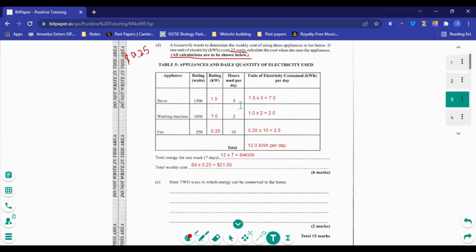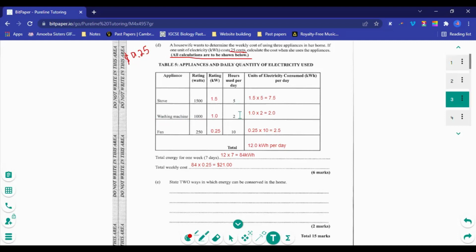We can also say that she can use a gas stove, or a stove that uses gas instead of electricity as well. We can give that suggestion. Or we can also talk about the washing machine. The fact that she washes 2 hours per day. Just like the cooking, we can say that she can have specific wash days.